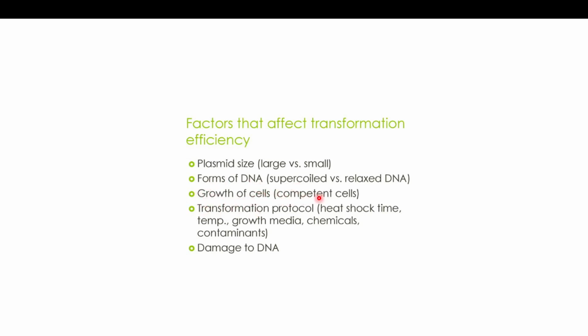Definitely the growth of the cells matters: if the competent cells are really competent enough, then they will be able to take up more foreign DNA. The transformation protocol, if we are following it properly: the heat shock time, the temperature, the growth media, the chemicals being given, whether there is any contamination, and also whether the DNA we are introducing is intact or pure enough, can also affect the transformation efficiency.